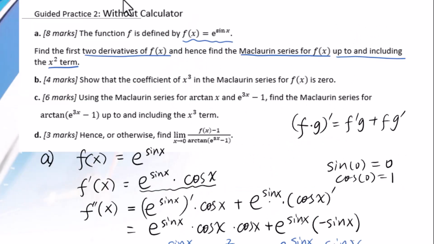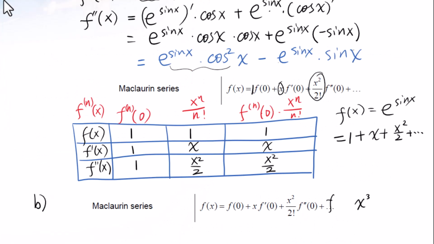Let's go to B. Show that the coefficient of x to the third power in the Maclaurin series for f of x is 0. We do know in the Maclaurin series, the coefficient of x to the third power is the third derivative of f of 0 over 3 factorial.